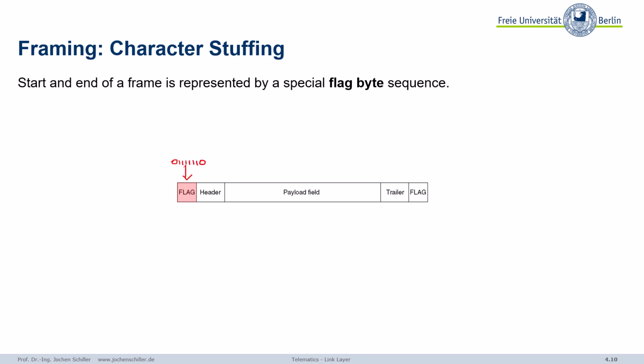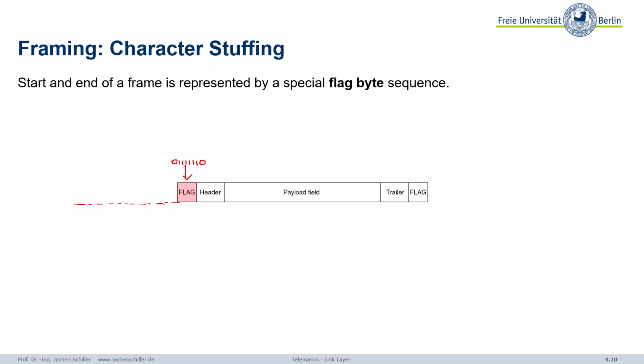So 8 bits, this is our flag. Okay, then I read the incoming bit stream until I read the flag, and the flag byte then tells me, okay, fine, great, this is now the start.